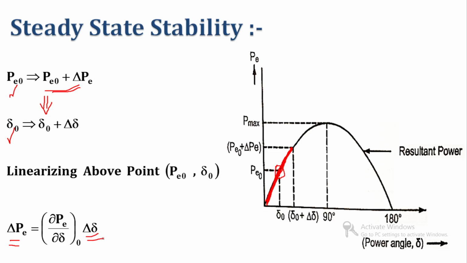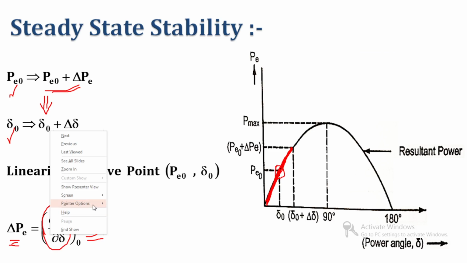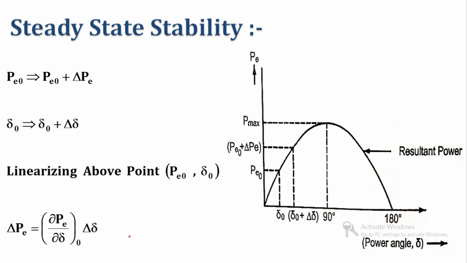will cause a change in angle delta, and that change in angle delta is proportional to del P by del delta. Clear? This is the point which we want to linearize.